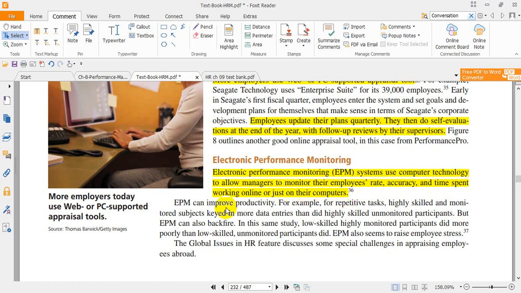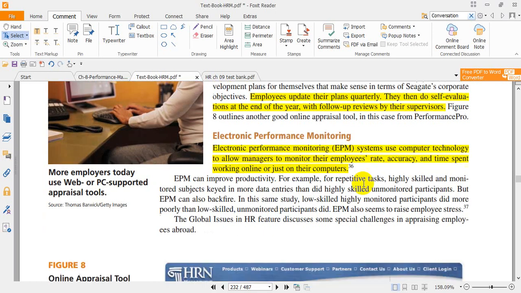So according to this method, the employer can monitor their employees' rate, accuracy, and time spent working on their computers. This is electronic performance monitoring.